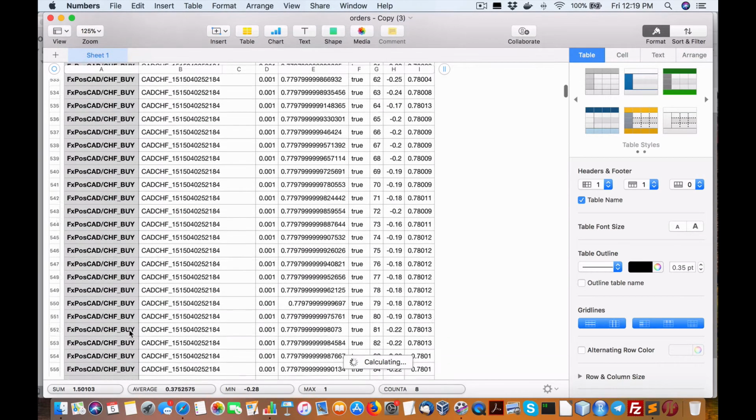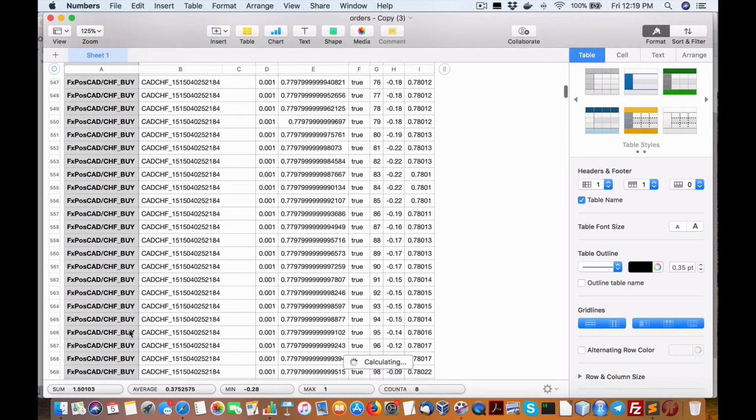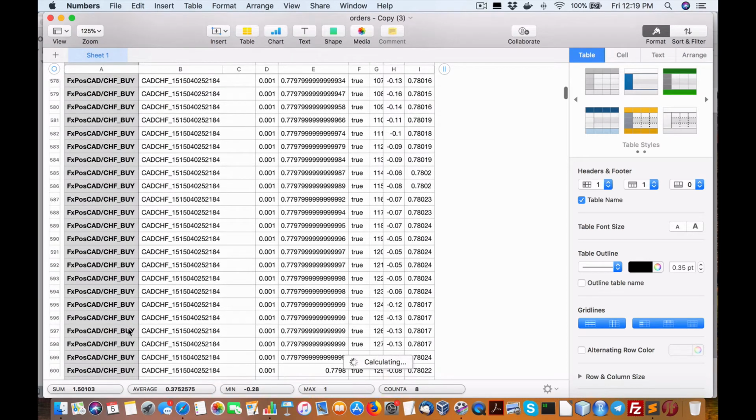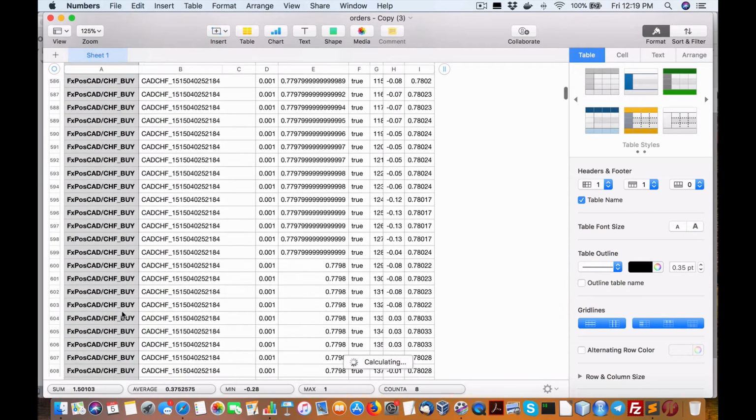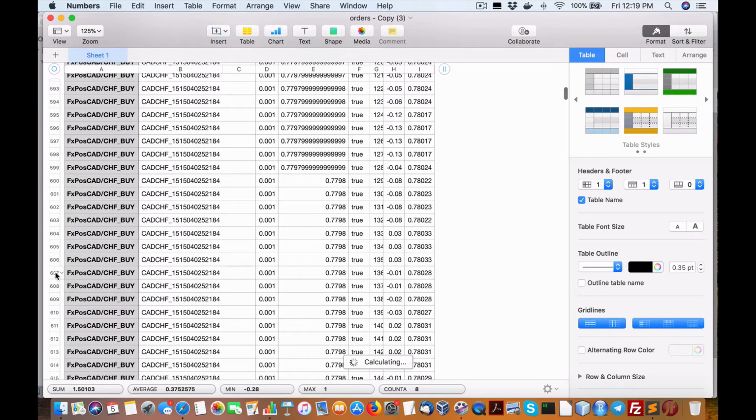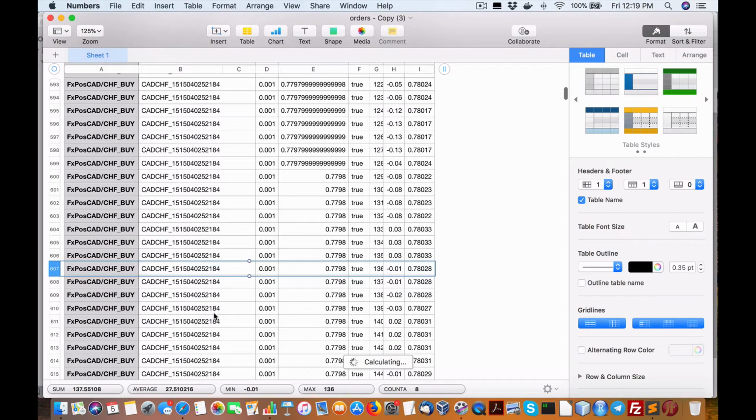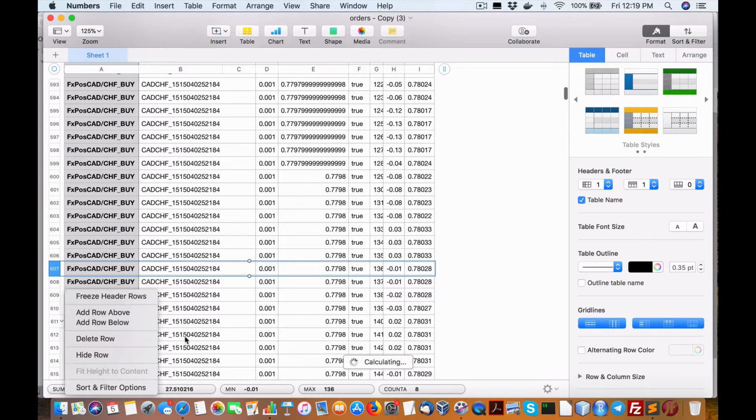So this is a buy. It's still losing money. It's working its way back to profitability, not quite. And right here, it gets damn close. Let's see here, negative 1 cent. Oh, and it goes profitable. Okay.